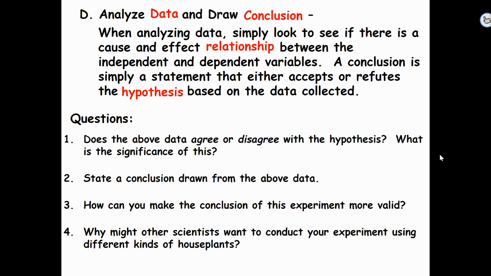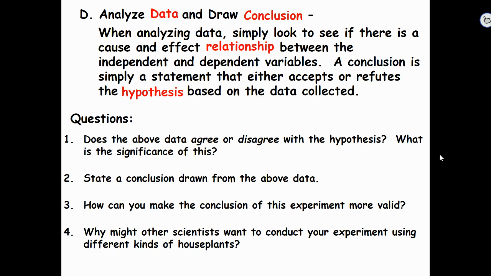The more times you flip the coin, the closer the percentage will come to 50-50. If you flip it 10 times, you might get 7 and 3, 6 and 4. You might get 5 and 5. You might get 10 and 0. We don't know. But if you flipped it 100 times or you flipped it 1,000 times, the more times you do that, that's collecting more data, and that's going to make your conclusion more valid. It's going to get you closer to that 50%.